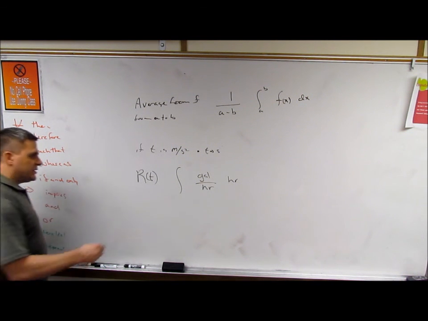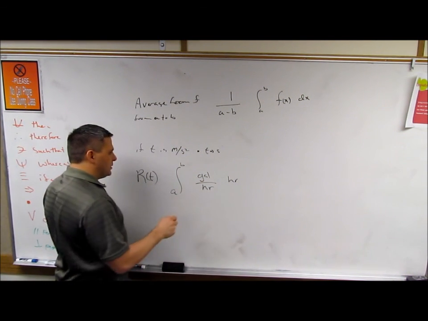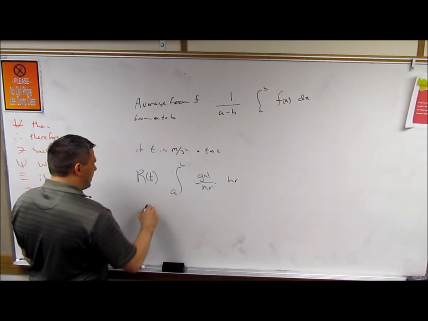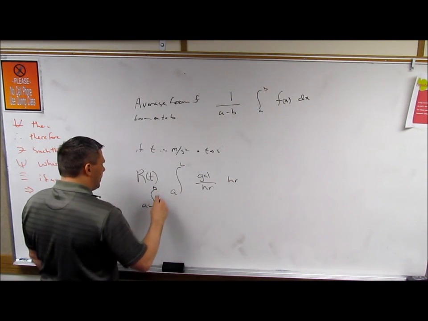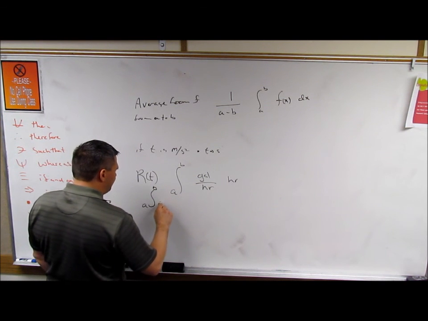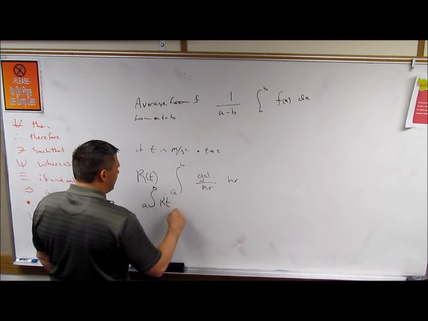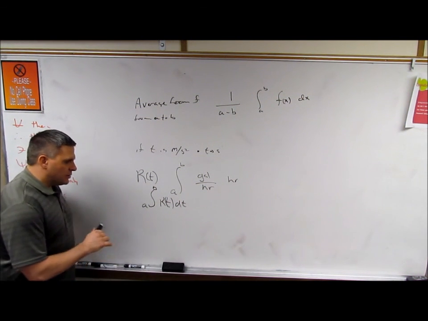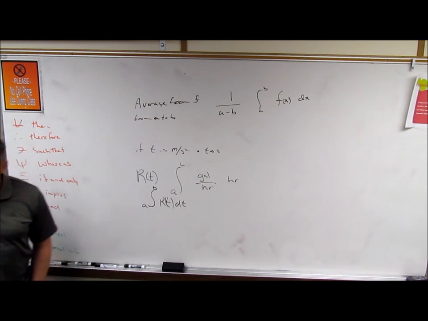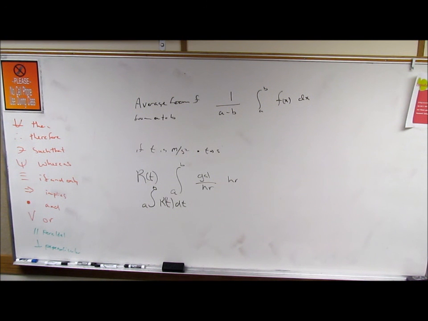So this is a to b. So now my integral is a to b of r(t) dt.